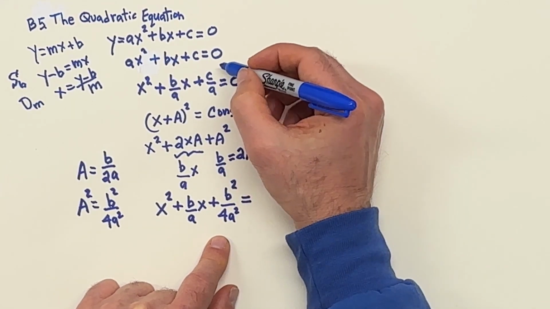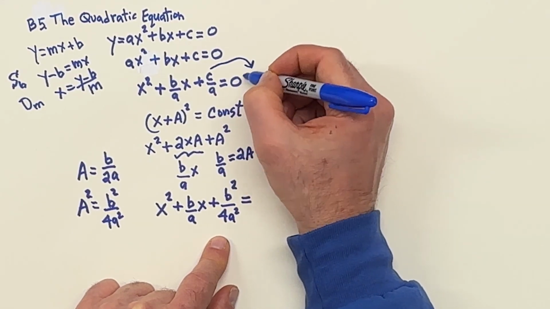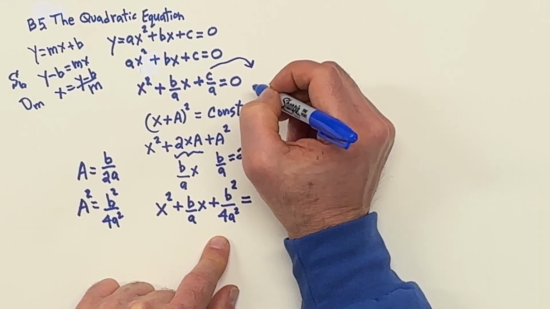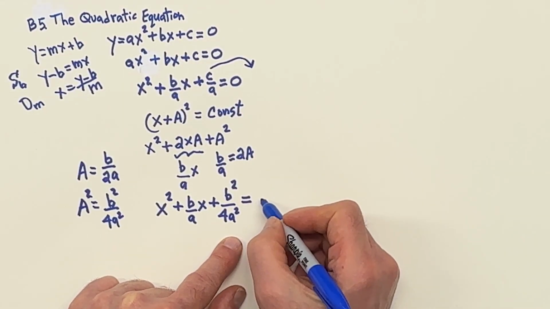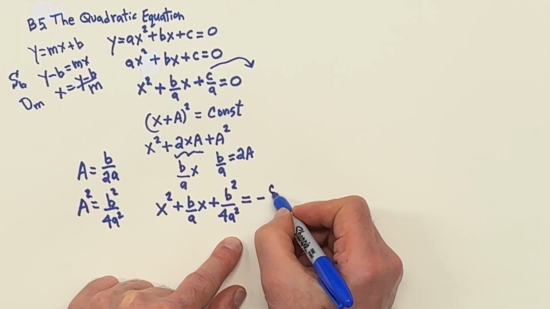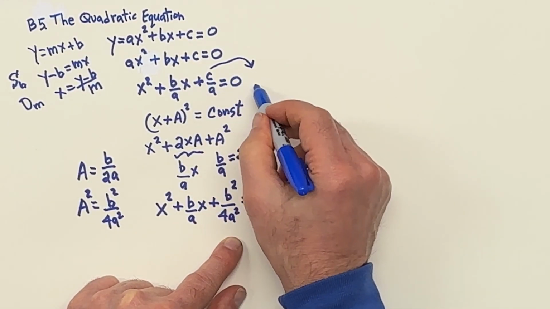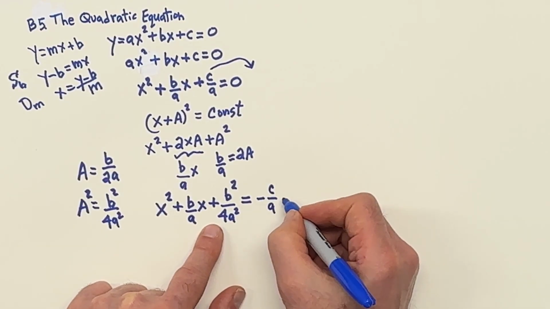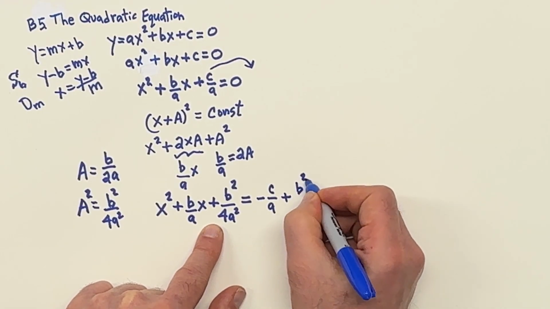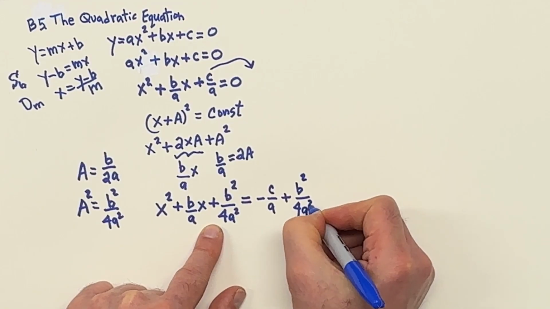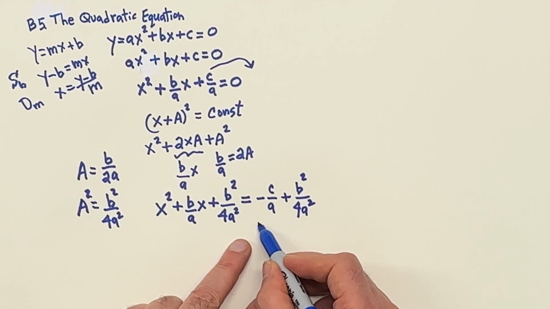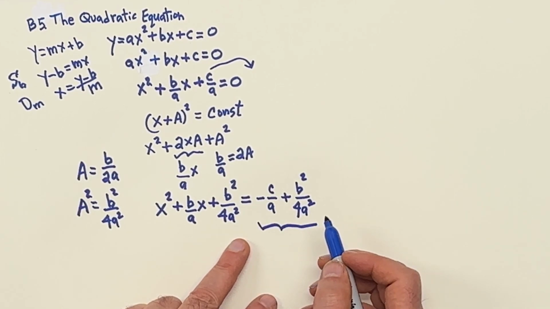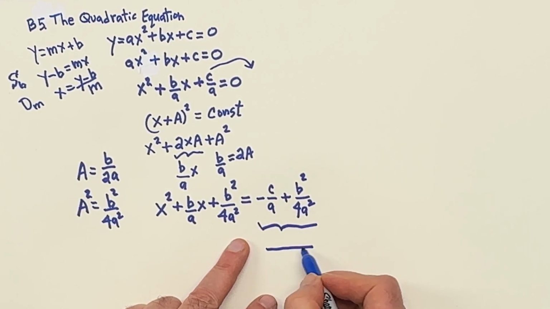And I'm going to also take this c over a and bring it over to the other side. So it would have a minus sign there. So this would be minus c over a by taking the c over a to the other side and then adding the b squared over 4a squared to both sides of the equation. So now everything is fine. Notice that I can combine these two together with a common denominator, 4a squared.